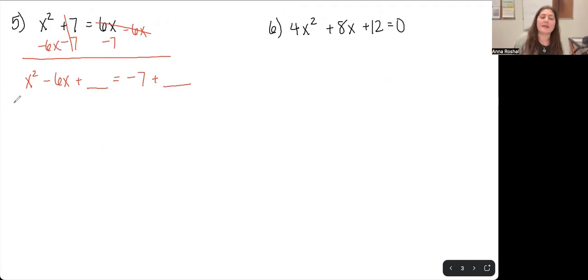I also know that the thing I have to add to both sides of the equation is going to be b over 2 squared. Now, one of the things that I really strongly encourage students to do is actually write this step out. In most cases, I'm not like, oh my God, you need to write this out, you need to do this math on paper. Not always. Sometimes you do.